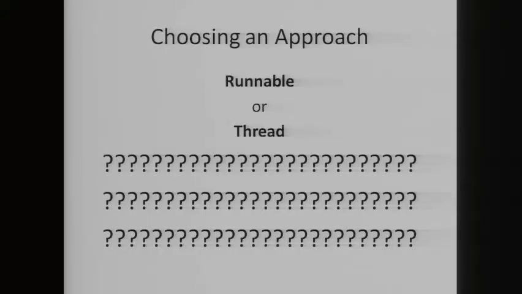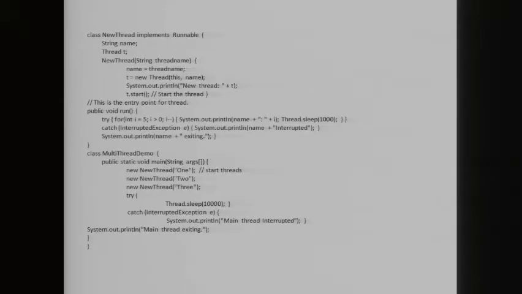Well, so far you have been using only two threads, the main thread and one child thread. However, your program can generate as many threads as it needs. For example, this program creates three child threads.